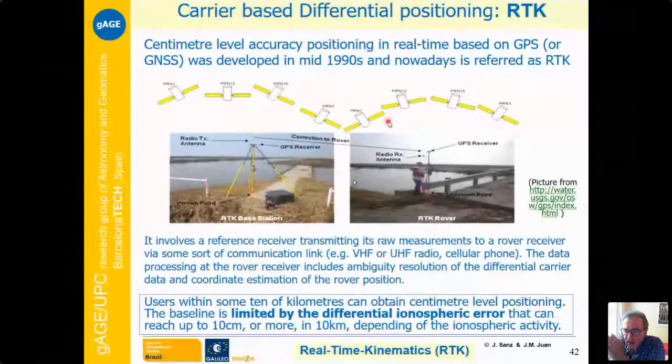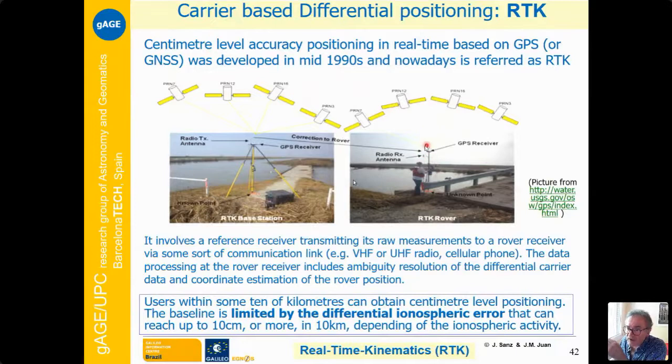The idea of RTK is we have a reference station and a user receiver, and using a radio link or cellular phone, the reference station sends its measurements to the user receiver, and the user receiver combines its own measurements with the reference station measurements in order to remove common errors and improve positioning.